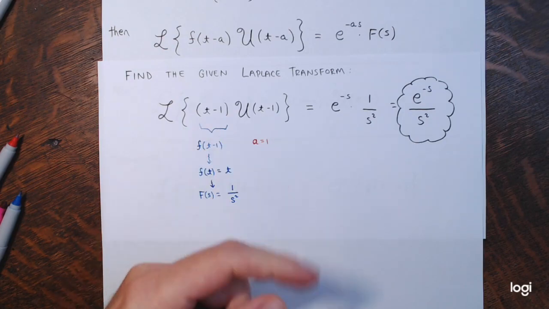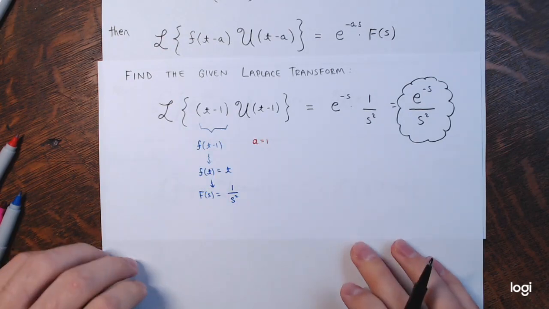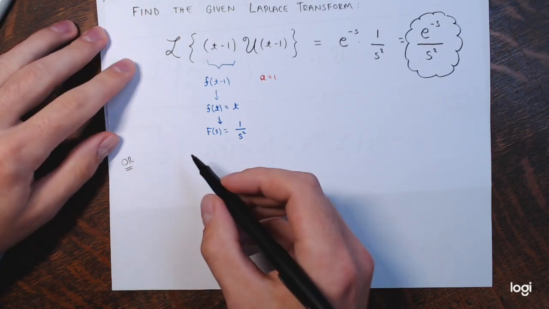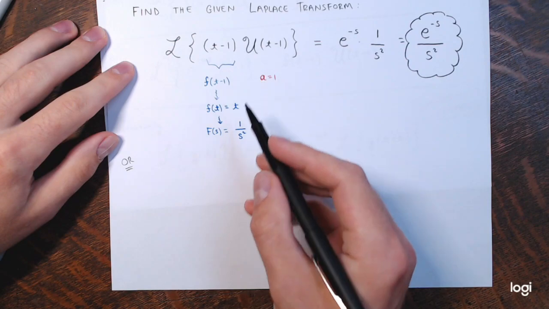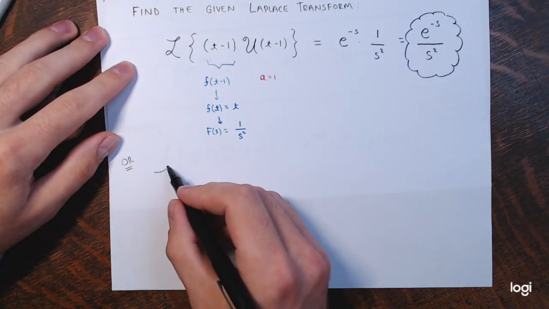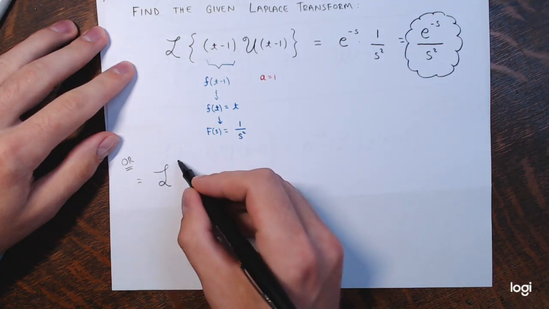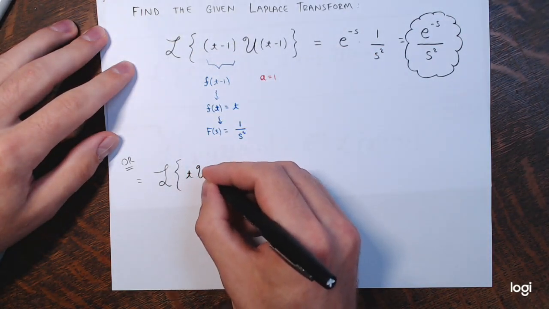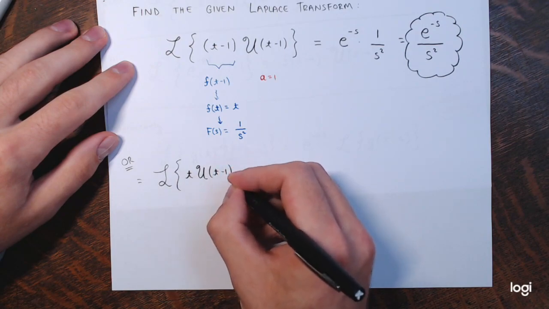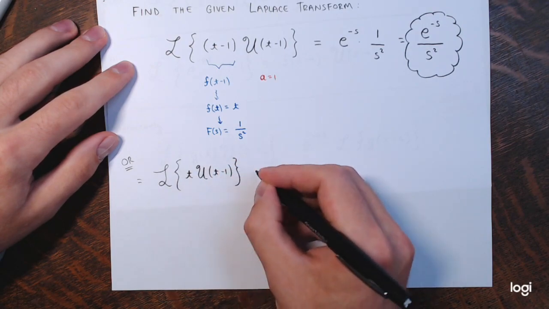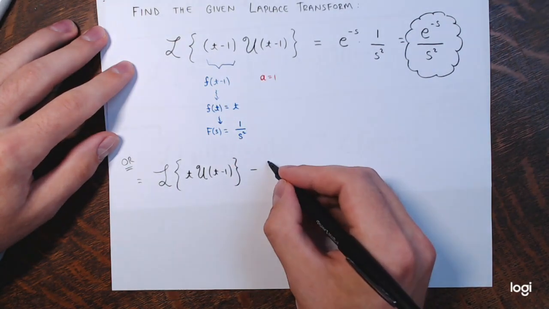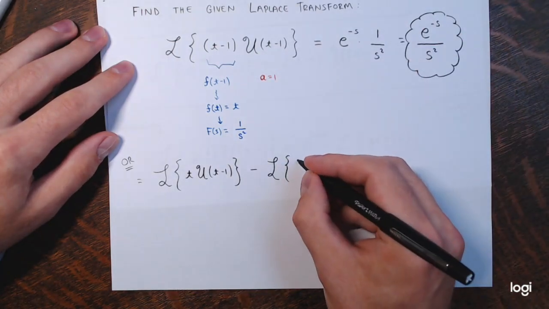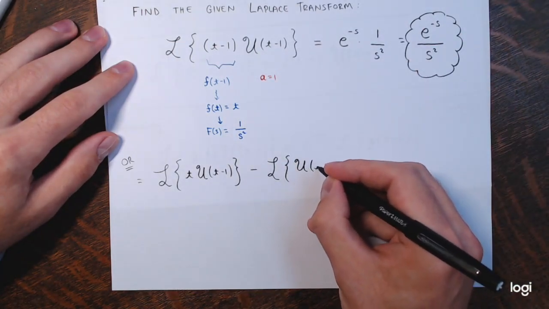All right, now there's an alternate way to do this as well. We can use linearity and distribute this unit step function here and say this is equal to the Laplace transform of t times the unit step function at t minus 1, and then minus the Laplace transform of 1 times the unit step function at t minus 1.